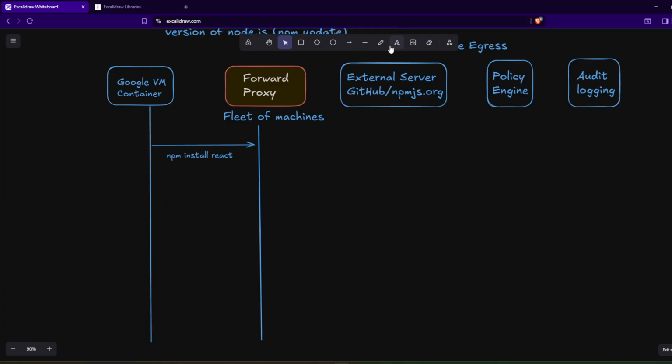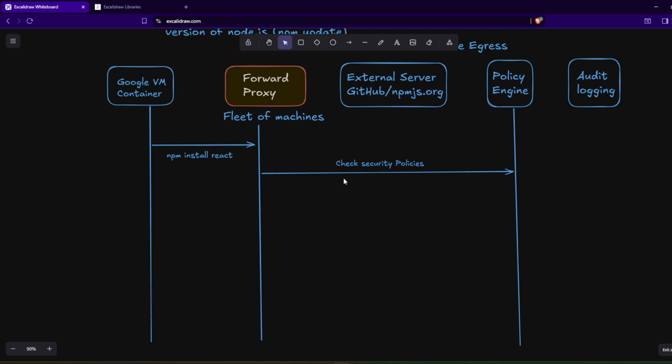Before sending it anywhere else, it will just check the security policies. And what comes under the security policies?